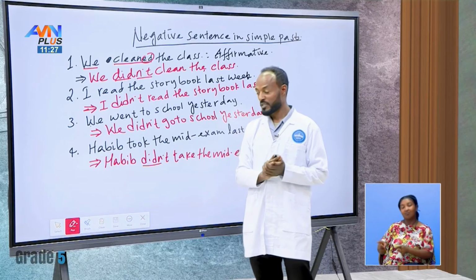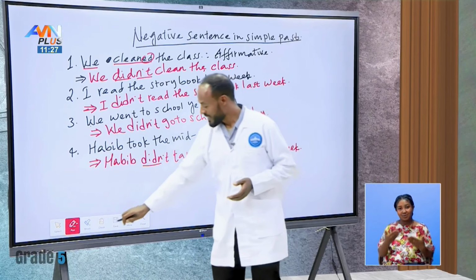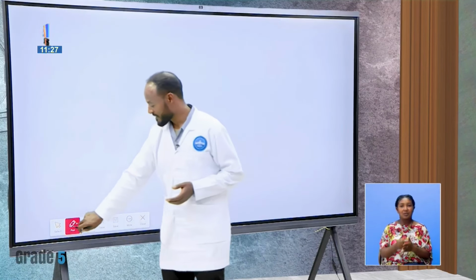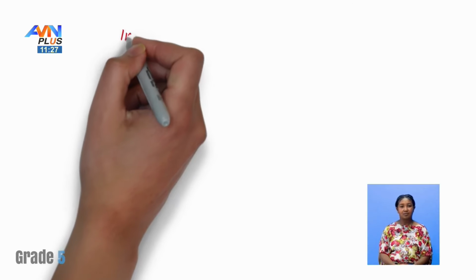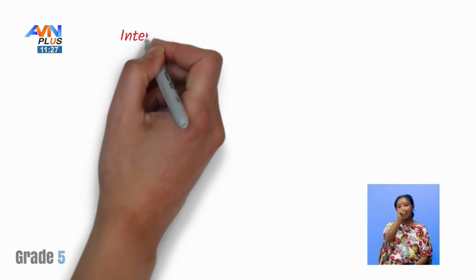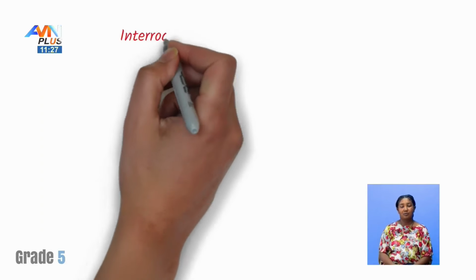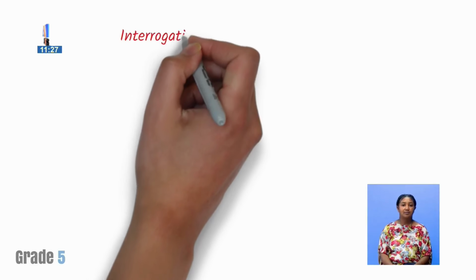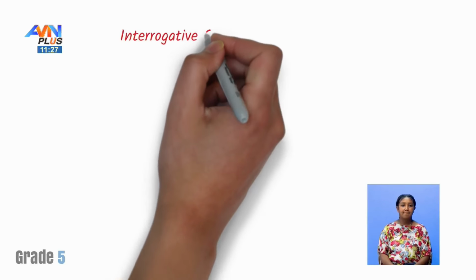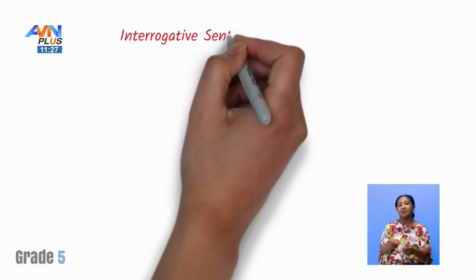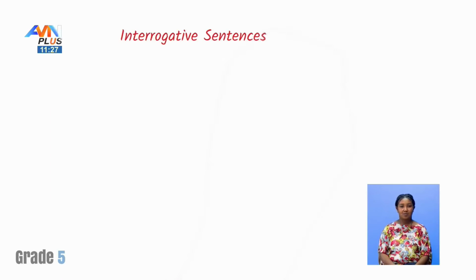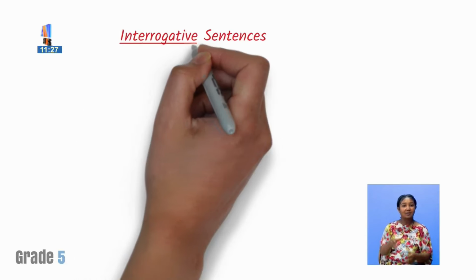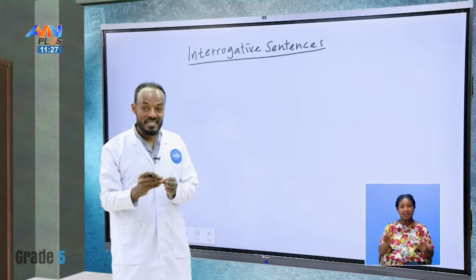Bravo, bravo. Good. So, now let's go to the next point, which is about interrogative sentence in past simple.